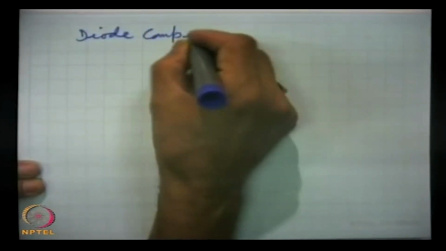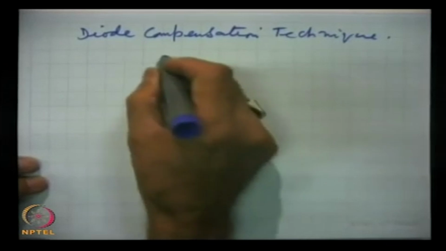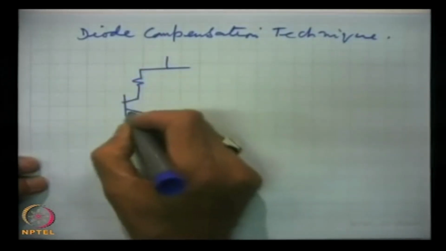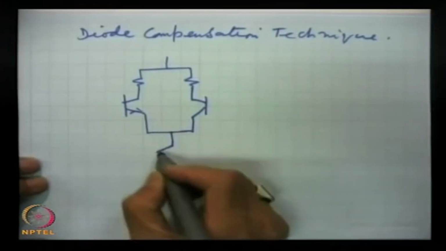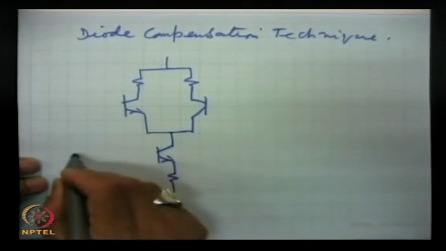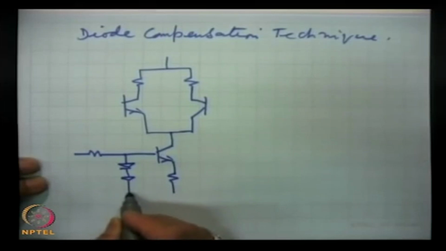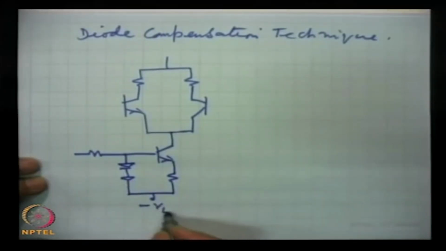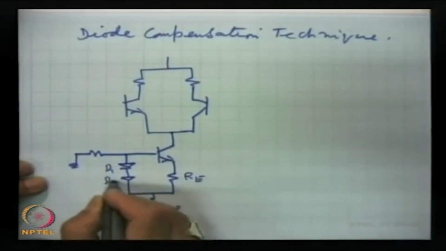So, this is the diode compensation technique, and the circuit is this. These are the two diodes D1 and D2.